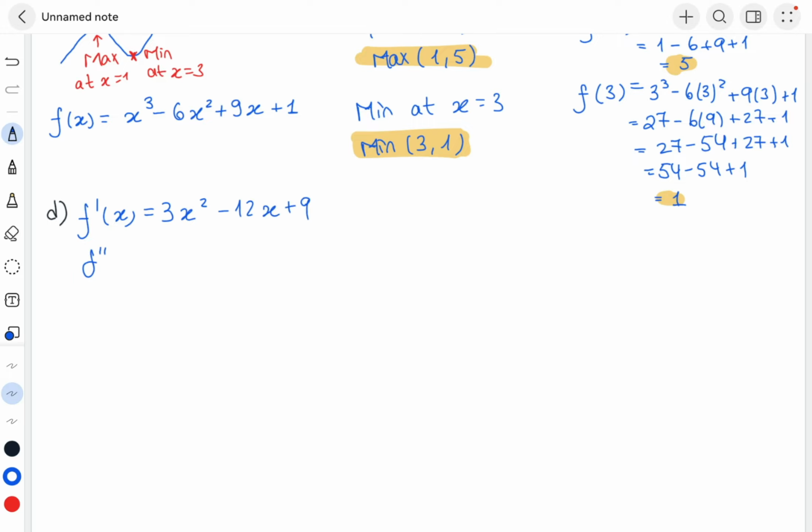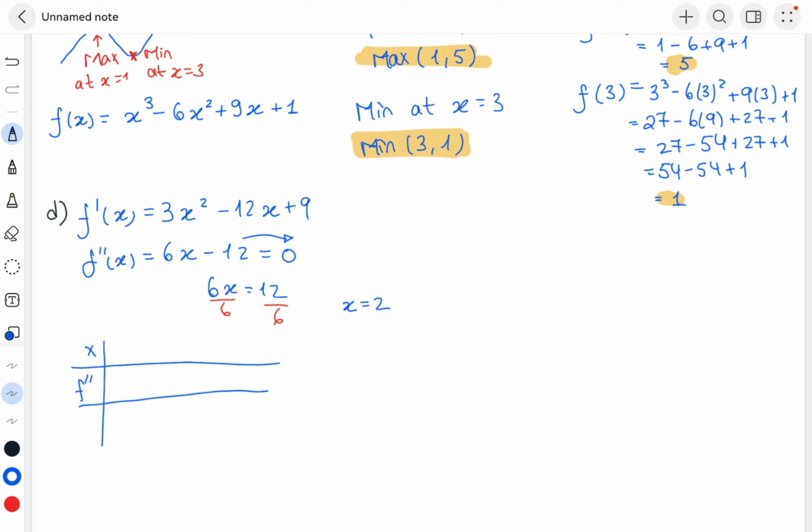Our f double prime of x is 6x minus 12, and we equate it to 0. We'll move the 12 to that side. We have 6x equal to 12. And now we divide by 6. So x is 2.